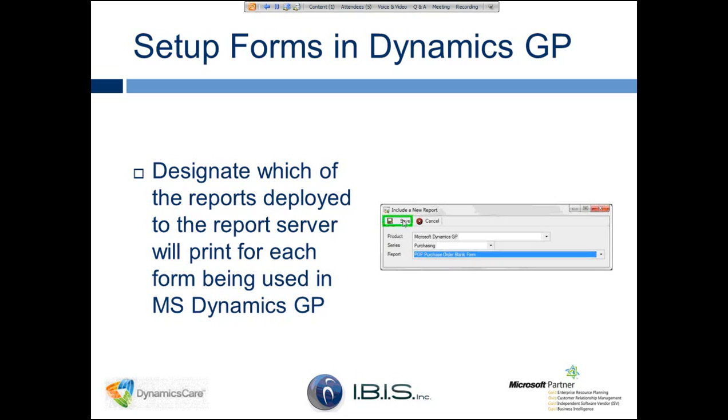And then the specific report that you would like to use. The one I'm setting up here is for a purchase order and the blank form. So using purchase order processing, blank form, now when we print one of those from GP, it will use the report that's been deployed to the report server and not the basic report that comes along with Microsoft Dynamics.